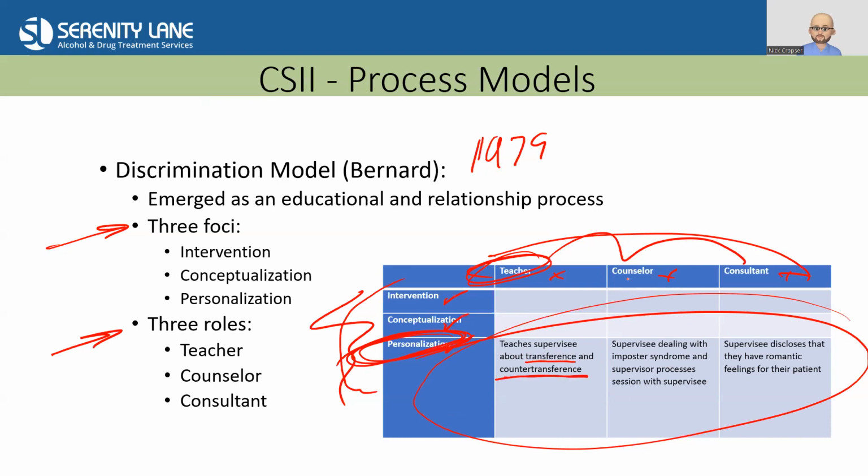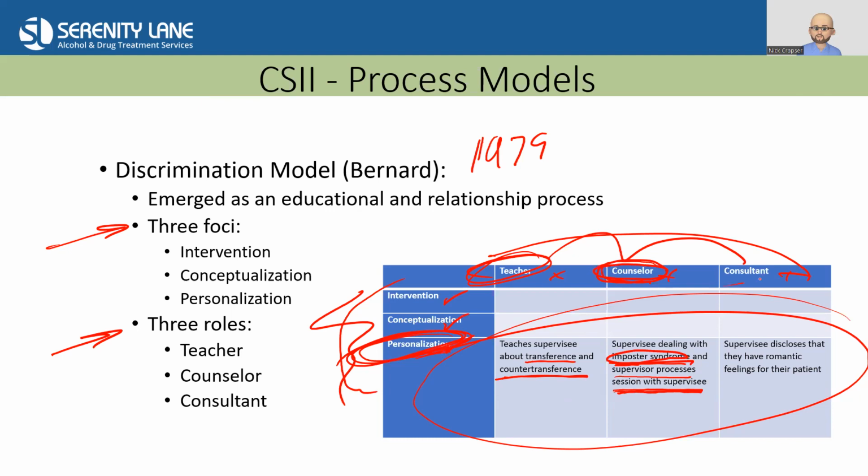But as a counselor in this personalization category, the supervisee is dealing with imposter syndrome, and supervisor processes session with supervisee. So even though our job is not to act as a counselor, we could jump into that role in order to process the session with a supervisee that's dealing with imposter syndrome.